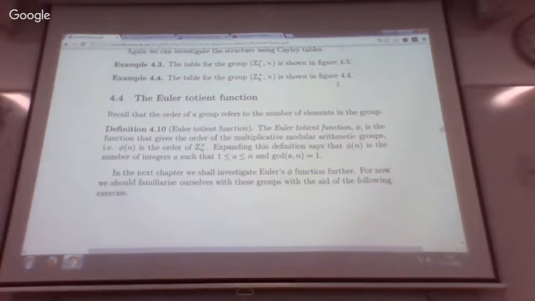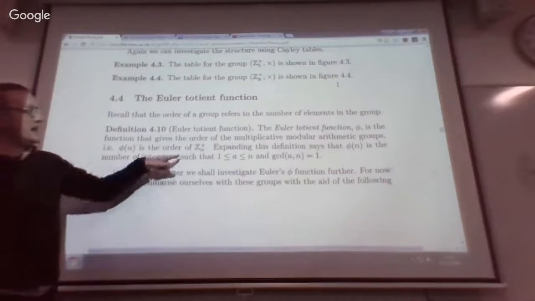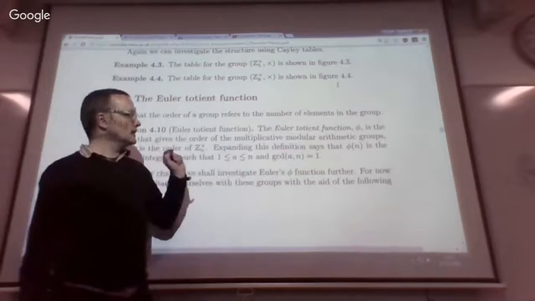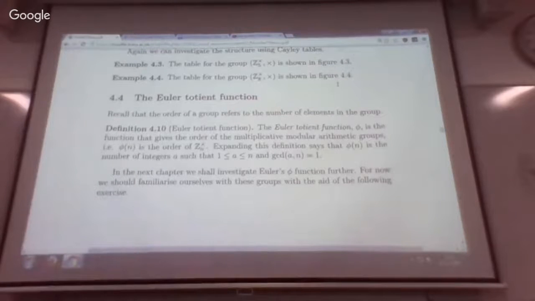So Zn times, with multiplication, is the set of congruence classes of integers modulo n that are coprime to n. They're the ones that form the group. Phi of n, quite simply, is defined as the size of this. In other words, phi of n is the number of integers a between 1 and n that are coprime to n. That's the size of this group.